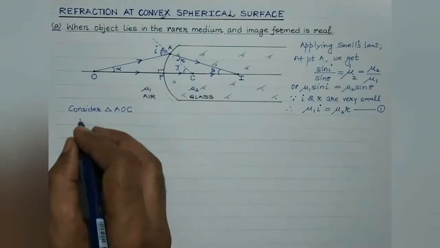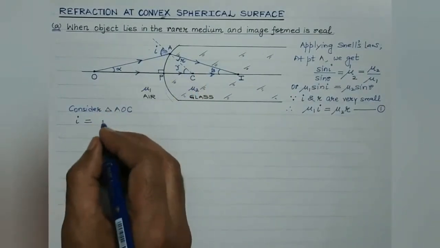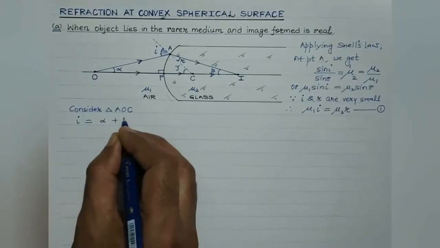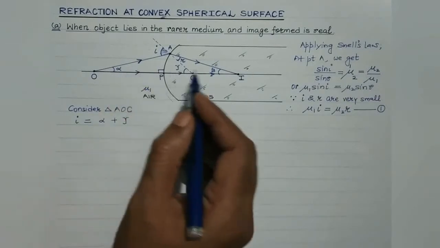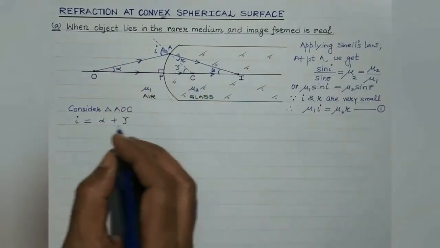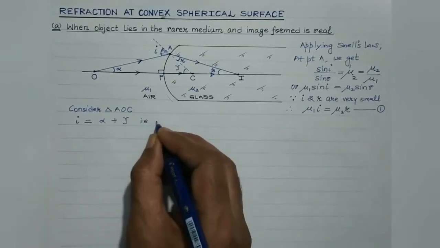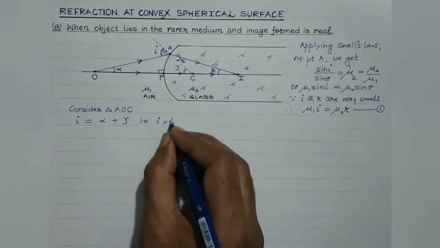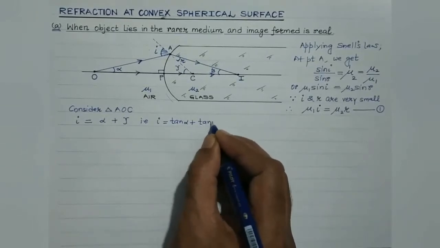We are aware the exterior angle is equal to the sum of the opposite interior angles, that is alpha plus gamma, right? Now, as we are aware, alpha, beta, gamma are very, very small. Therefore, they can be replaced with their tangents. That is, alpha may be written as tan alpha, gamma may be written as tan gamma.